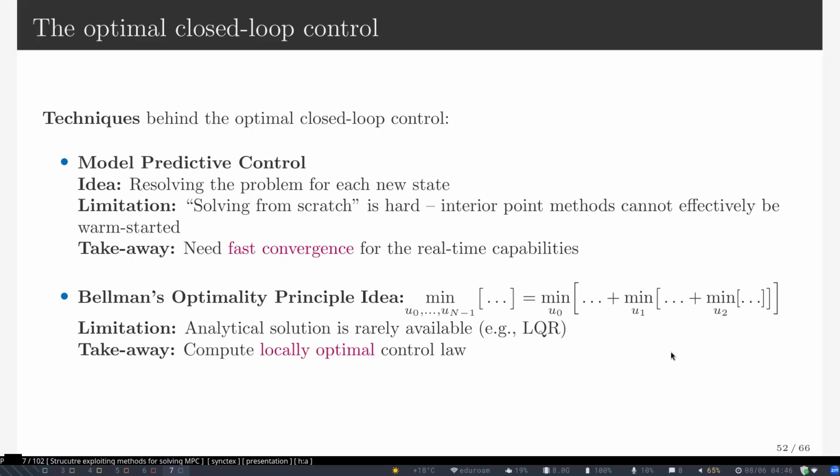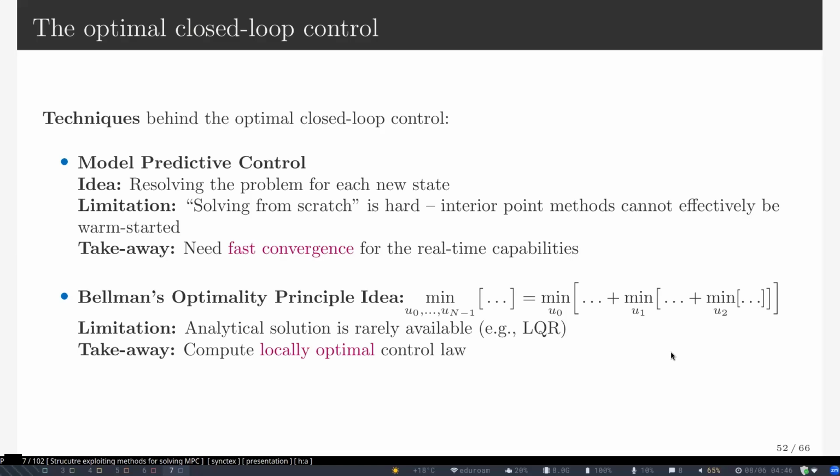Think about what I said: in each model predictive control solution, we need to come up with a solution from scratch. One problem is that the most efficient way of solving this problem, using interior point method, I don't know if it can, I think it's impossible, to warm start them.